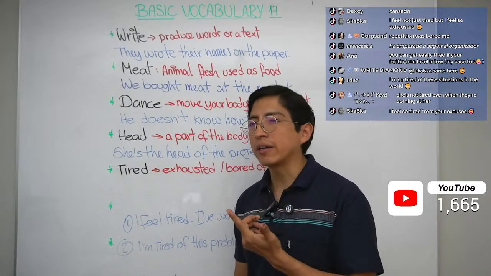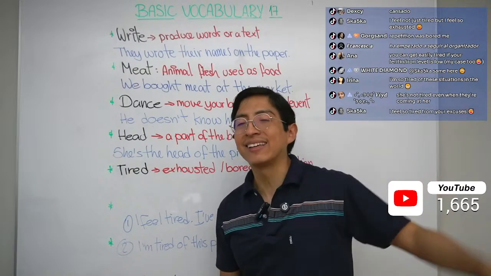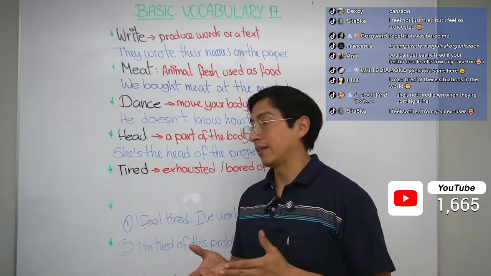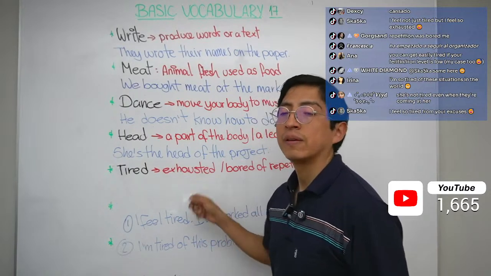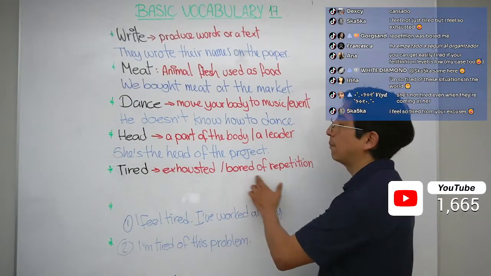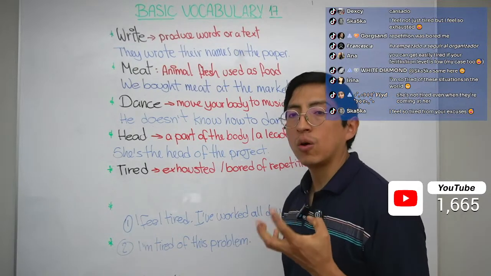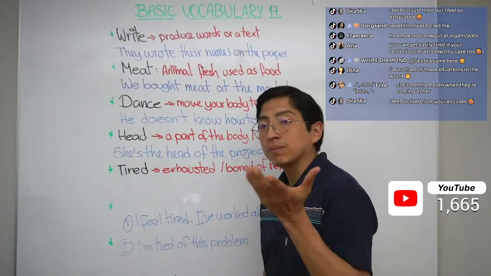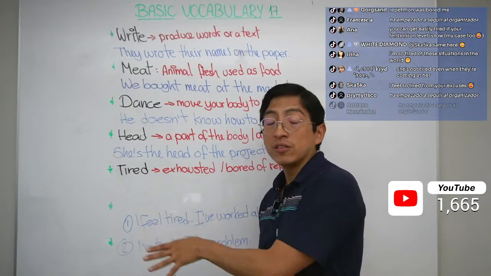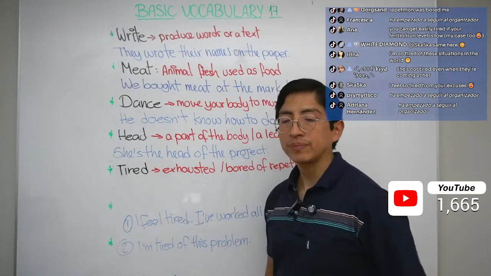I'm tired of all the noise you make. Again, we're not talking about being exhausted. We're talking about being bored or annoyed by something the other person is doing. That's how we use this expression.